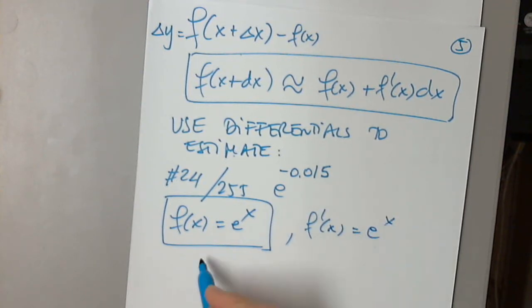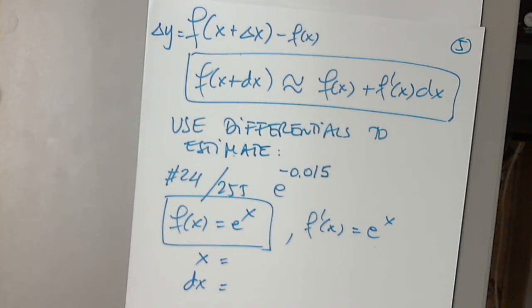Very good. I need to establish an x, and I need to establish a dx. X has to be something very simple, and dx has to be something very close to that very simple number. Zero. Of course.